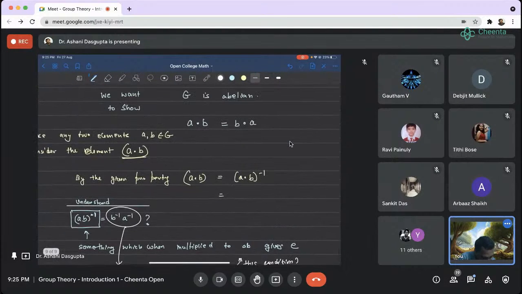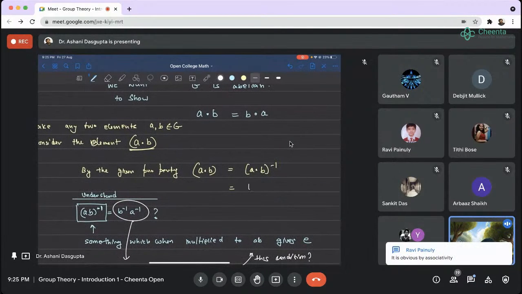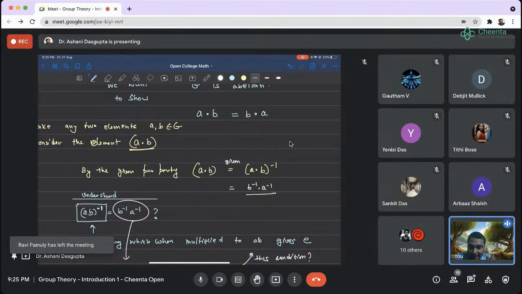Okay, so now that we have this, let's write it here. In the first step, we know that AB is equal to (AB) inverse because the element AB is self-inverse, that's given in the problem. So let's keep that in mind. Given, and this is the derivation, we expanded (AB) inverse.